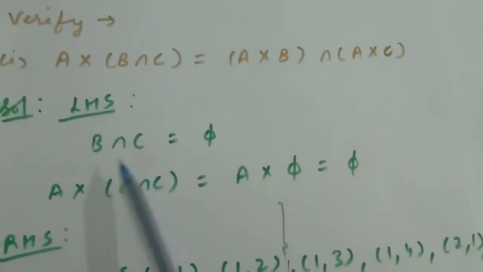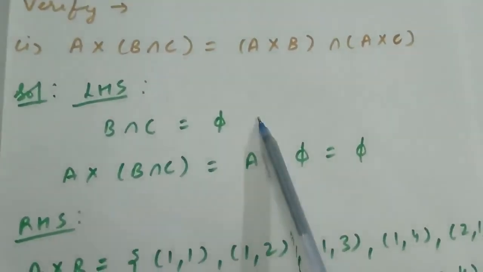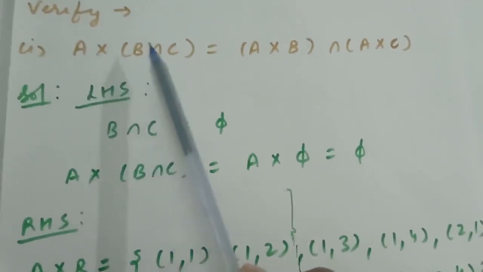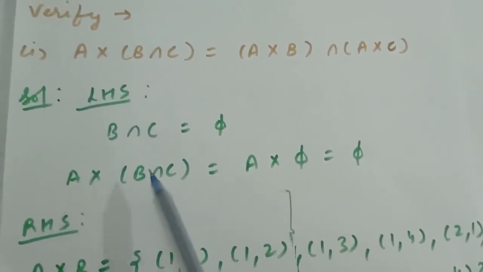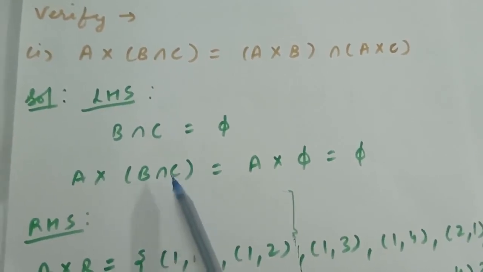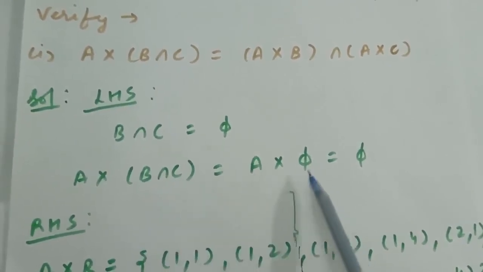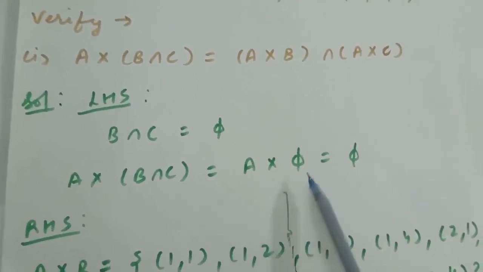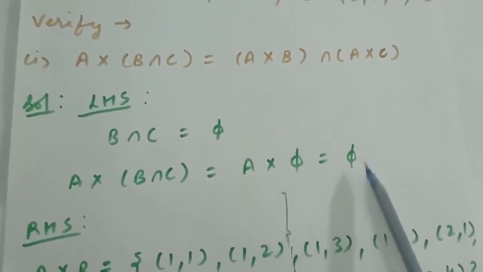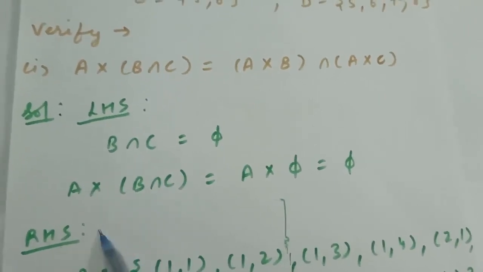Therefore, B intersection C is phi. For the left hand side, we want to find A cross (B intersection C). Now, the cross product of A with this B intersection C set, which is an empty set, will be empty. So A cross phi is phi, right? Now we will find the right hand side.